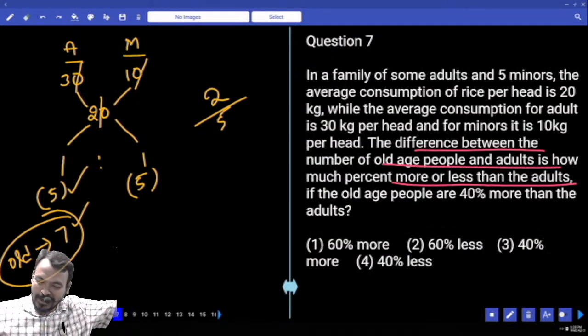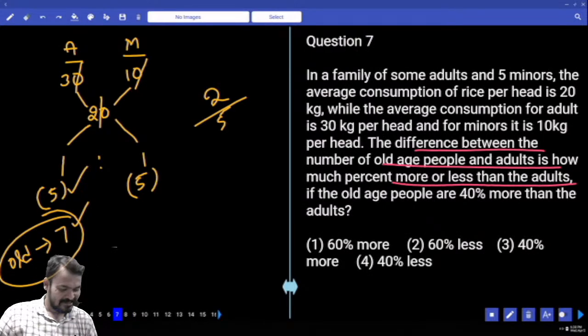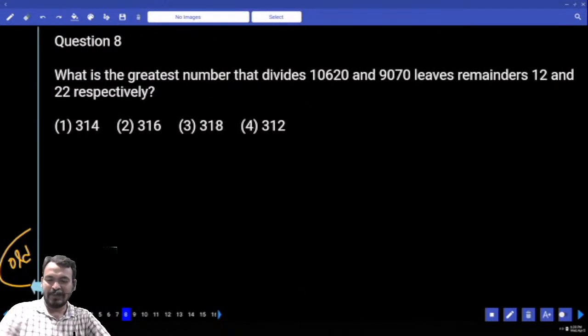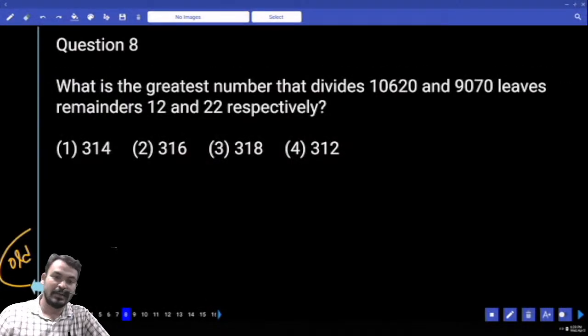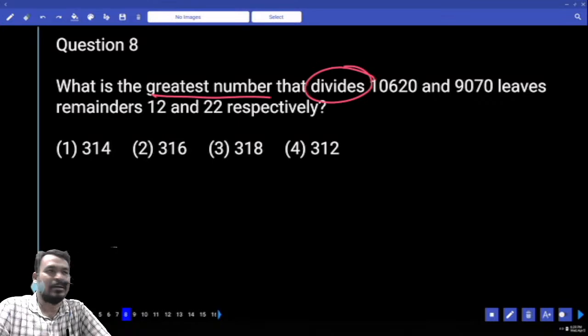Without solving the remaining data, we get the direct answer. Next, question number 8. What is the greatest number that divides 10,620 and 9070, leaving remainders 12 and 22 respectively? We require the greatest number that divides, which means HCF.